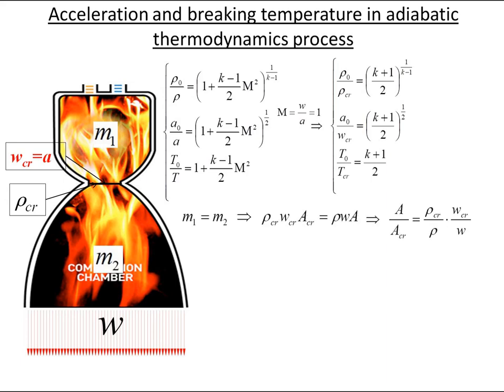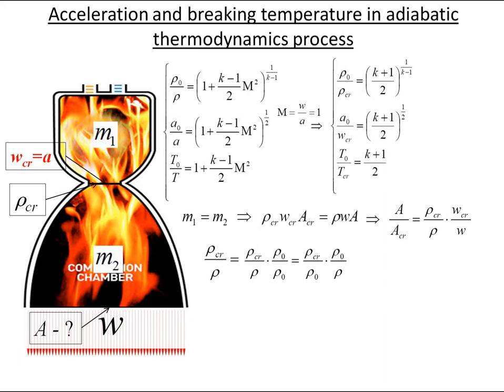To solve the exit area of the Laval nozzle, first we express a ratio of densities. We will use a mathematics technique called multiplying by 1. We multiply by the densities ratio and get such an expression. Rearrange terms accordingly in such manner.